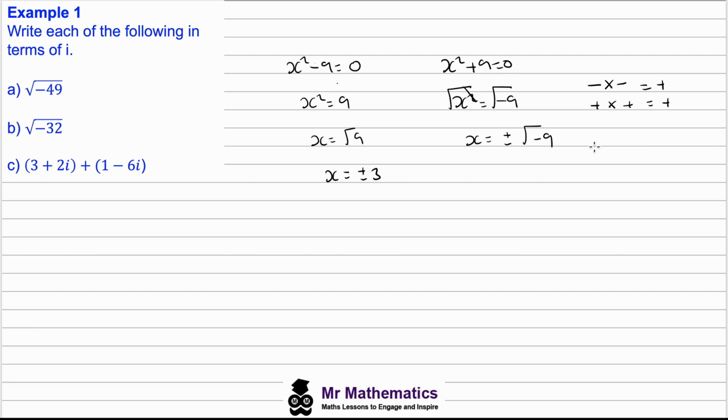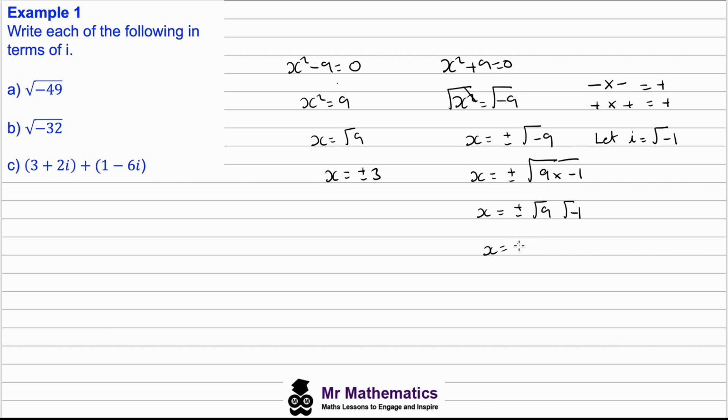But we can let i equal the square root of negative 1, and then we can apply the rules of surds. So we can say x is equal to plus or minus the square root of negative 9, so the square root of 9 multiplied by negative 1. We can split this up as the square root of 9 multiplied by the square root of negative 1.